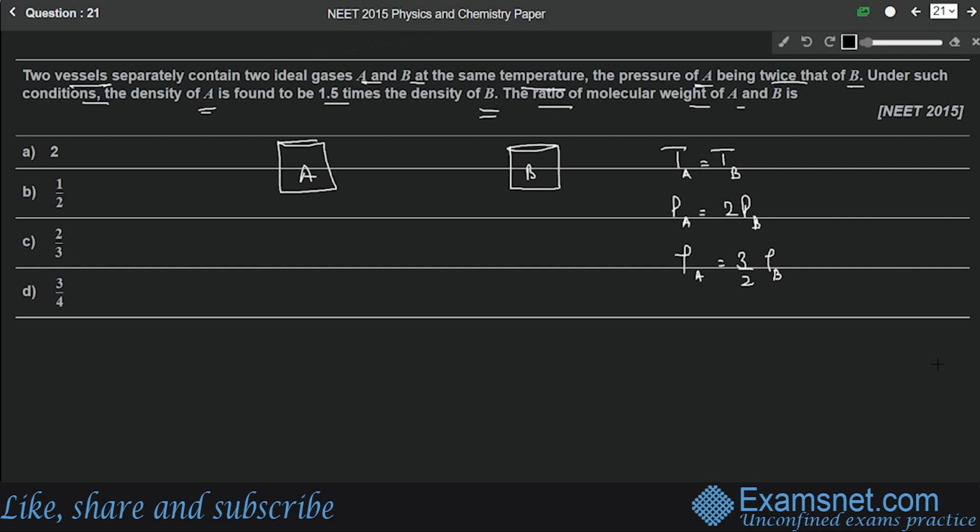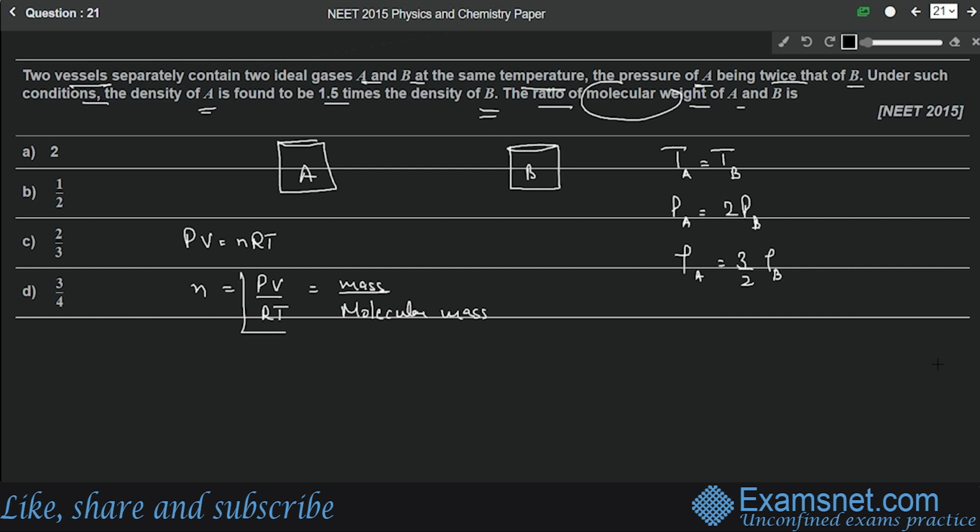Okay. So we know that according to the ideal gas equation, PV equals to nRT. Number of moles n is equal to PV upon RT. And we also know that number of moles is equal to given mass by molar mass or molecular mass. Here we are using molecular mass because we have to find the ratio of molecular mass or molecular weight. Okay.